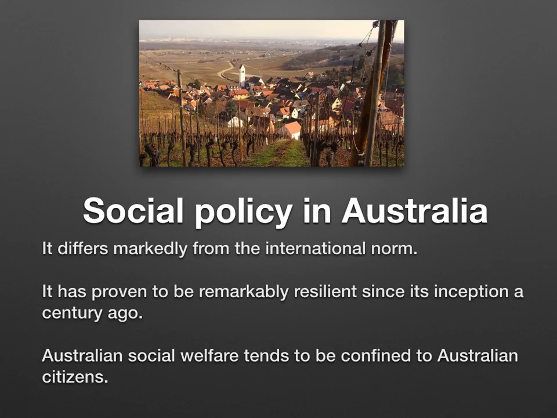When we look at social policy in Australia, it's very different from other countries, and I think we should be very grateful to live in a country like Australia. It's proved to be remarkably resilient since its inception, and Australian social welfare does tend to be confined to Australian citizens, as we've already said.